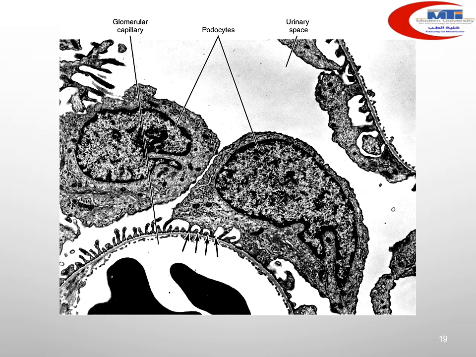Here again, as you can see, this is a podocyte and another podocyte. You have primary process, secondary process. This is the blood capillary.